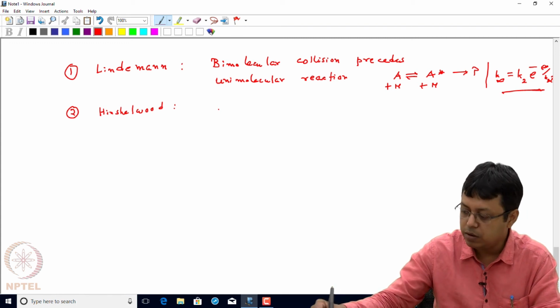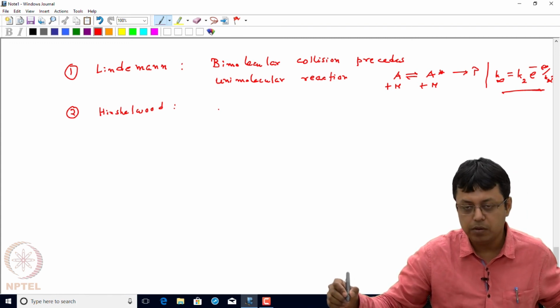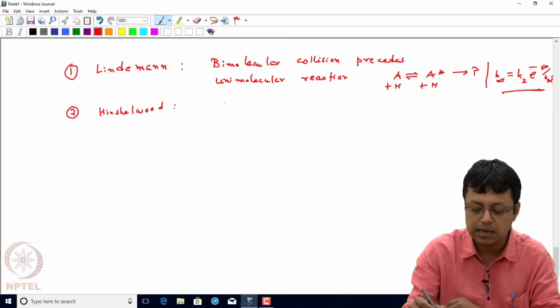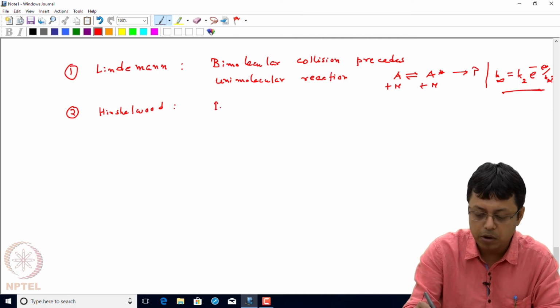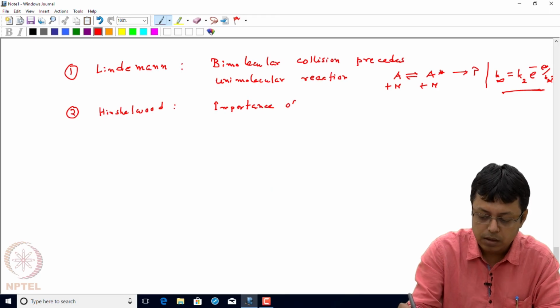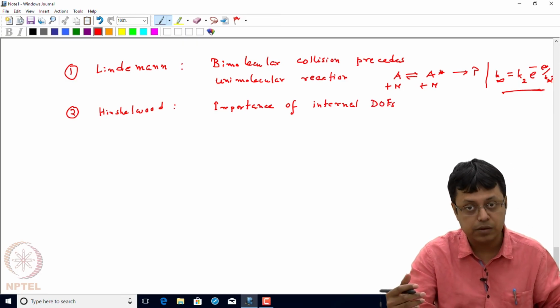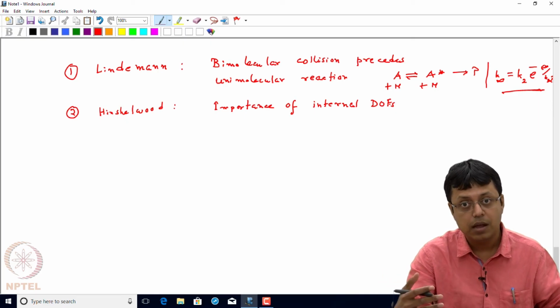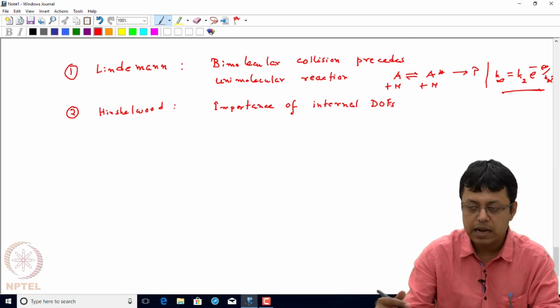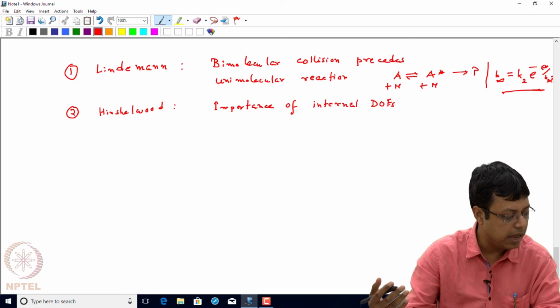He emphasized the importance of internal degrees of freedom, the internal vibrational modes that have to be excited, and he talked about how this partitioning happens.